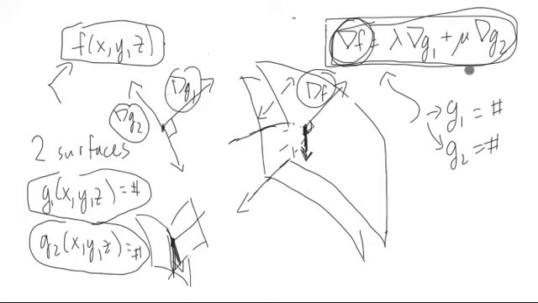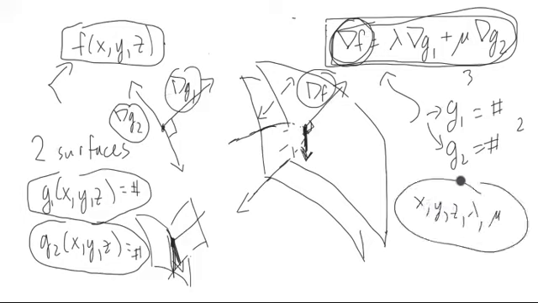So you have 3 and 2, that's 5 total equations, and you have 5 unknowns because you have x, y, z, and lambda and mu. So solving a 5 by 5 system will actually help us find specific points where this function is maximized on that curve.